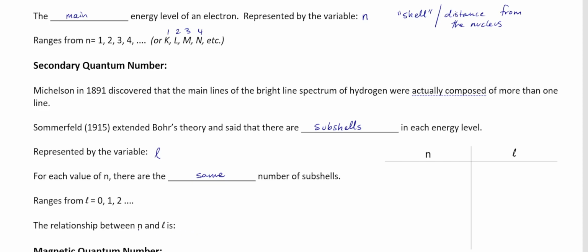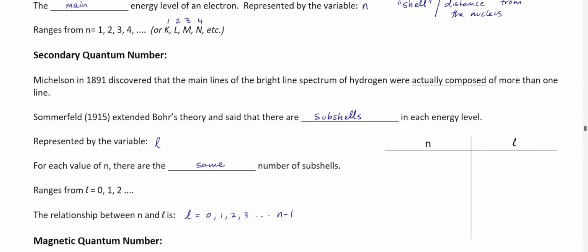So the relationship between n and L is that L is equal to 0, 1, 2, 3, all the way up to n minus 1. I have this table over here, and we can show this relationship using a table of values. If I look at the first energy level, the first shell, n is 1, so there should be 1 subshell.